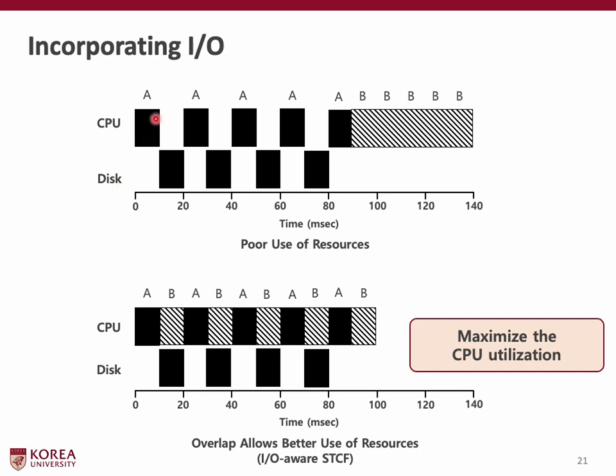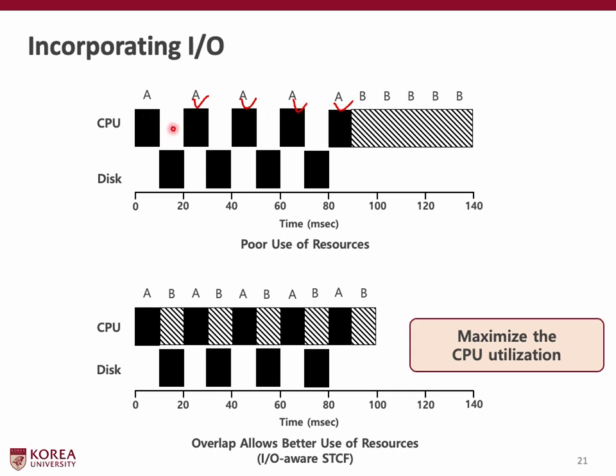I mean, it runs A first, but when A issues an I/O request, the CPU just waits at this point, because the remaining time of A is 40 milliseconds, which is less than B's remaining time of 50 milliseconds.